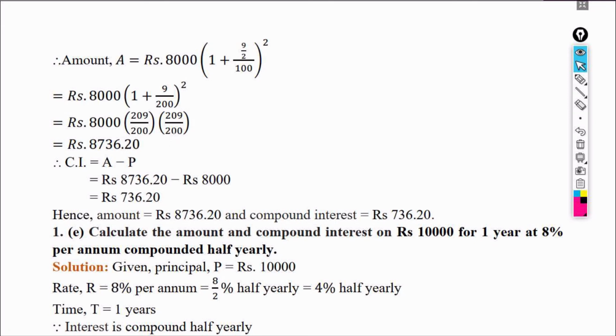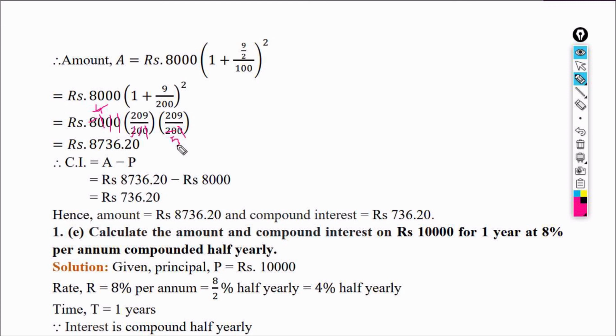Cancel the 2 zeros of this 200, like this, 4 fives are 20.